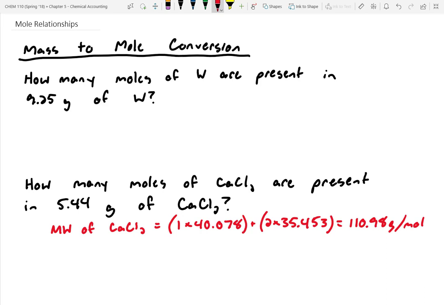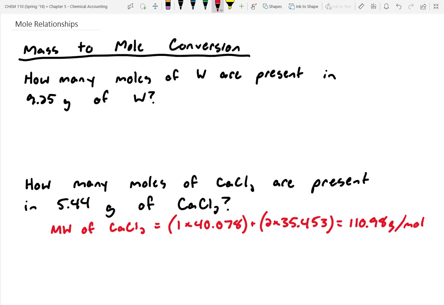So you can use that. You got to make sure you set it right side up or upside down in the appropriate manner so that you cancel units. That's the big hurdle with this, is people forget that they need to cancel units and oftentimes put the wrong number in the wrong spot. So they'll put the Avogadro's number maybe in the denominator when it should be in the numerator, or vice versa.